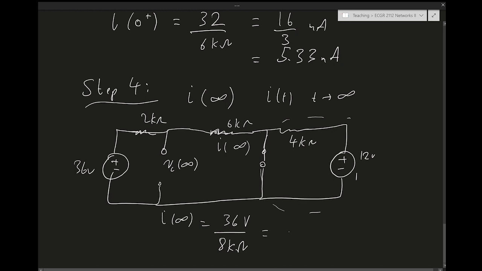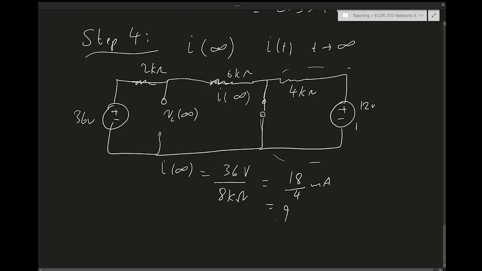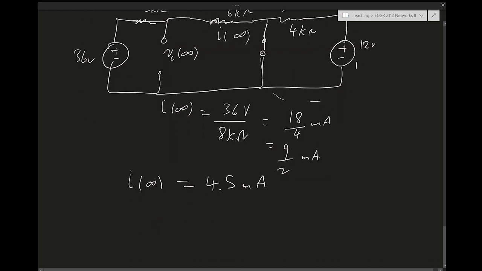That's going to be 18 over 4 milliamps, 9 over 2 milliamps, which equals 4.5 milliamps. Okay. And then step 5 is finding the time constant.